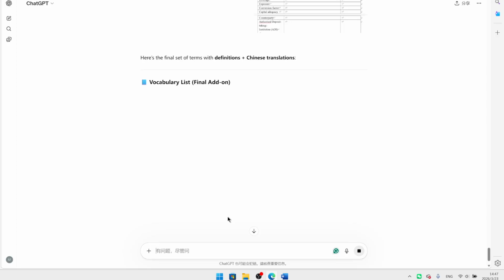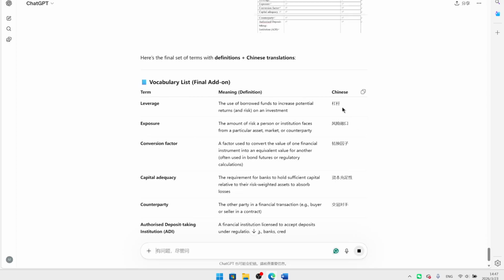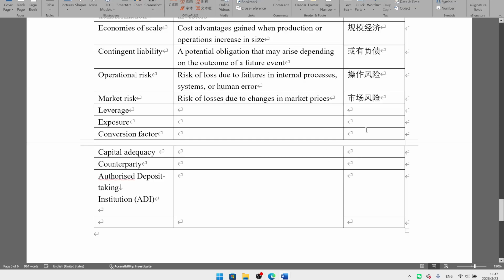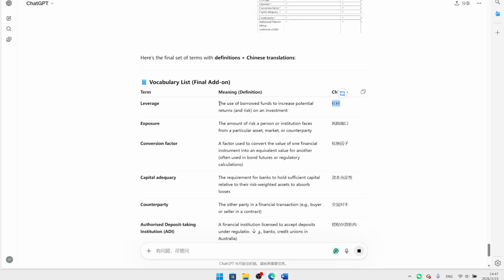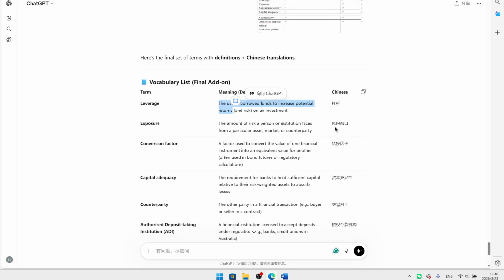You're always supposed to maintain. Leverage is the use of borrowed funds to increase returns.